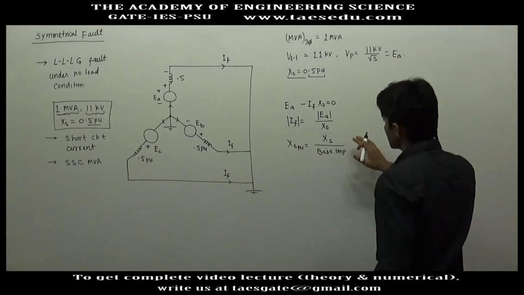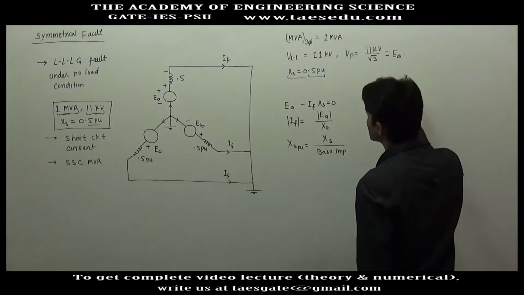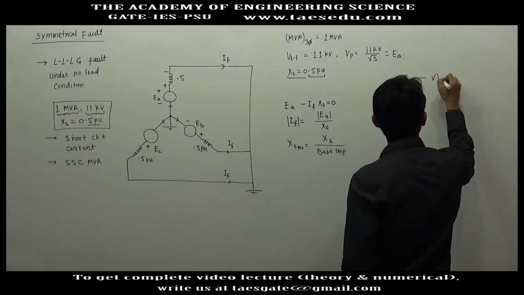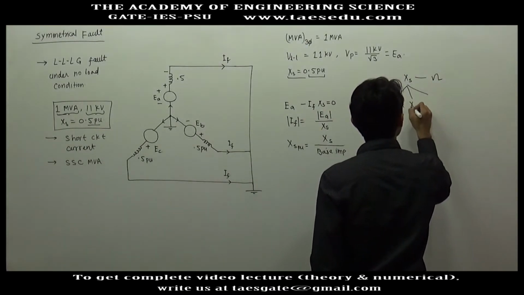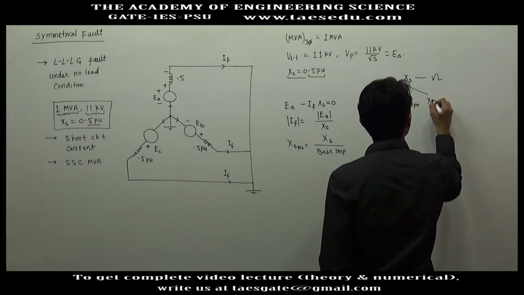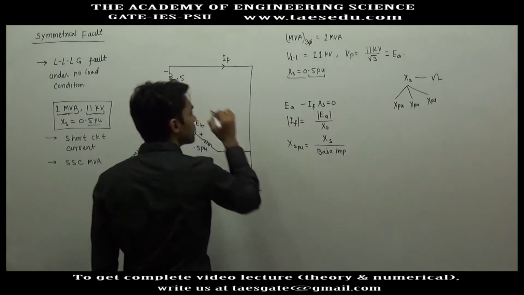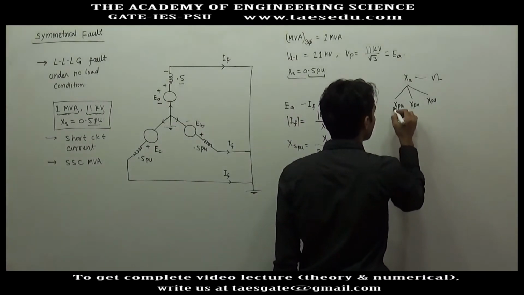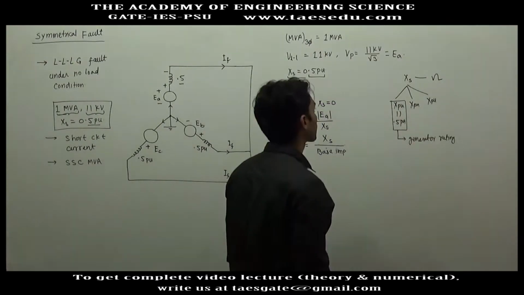So what I'm saying is there will be some ohmic value of the reactance of this generator, and it may have different PU values, but here you are given 0.5 pu. So this 0.5 pu will be on the basis of the generator rating.